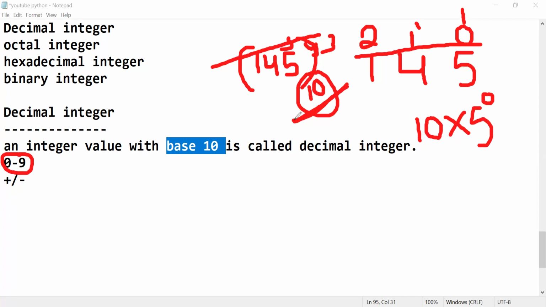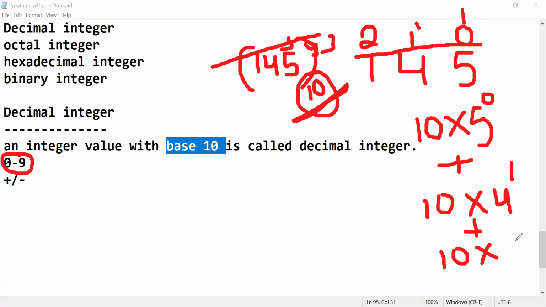We have to multiply the base 10 to the power of that index value with the digit: 5, plus base 10 into the value 4 power 1, plus base 10 into the value 1 power 2, guys, power 2.